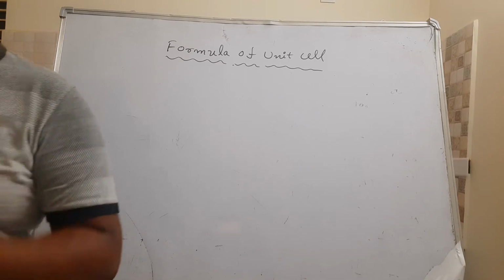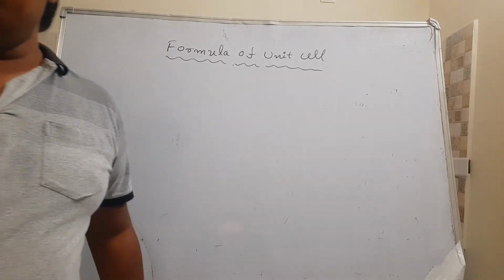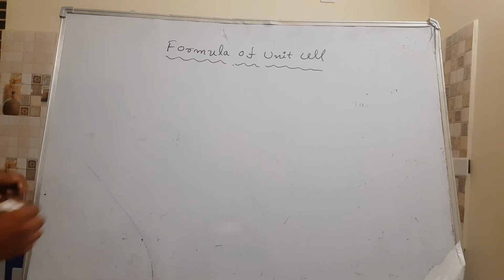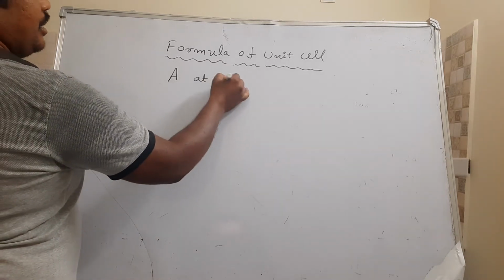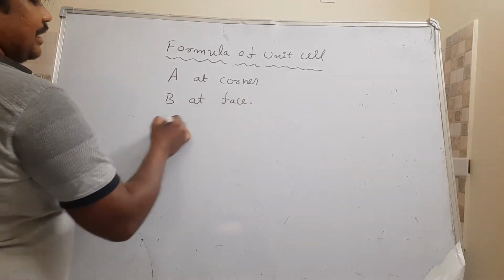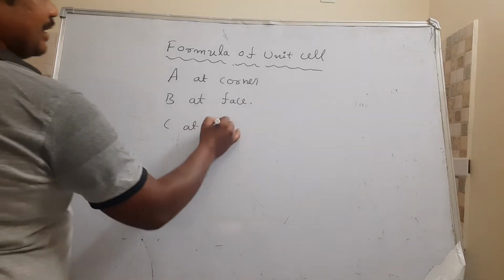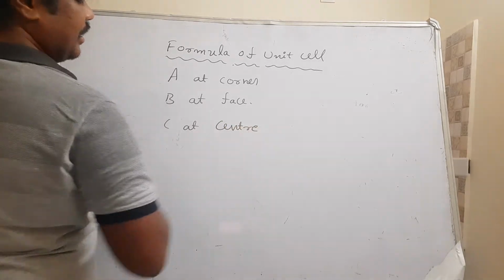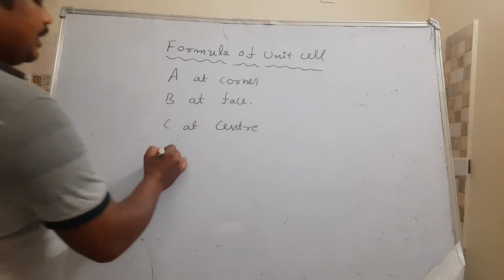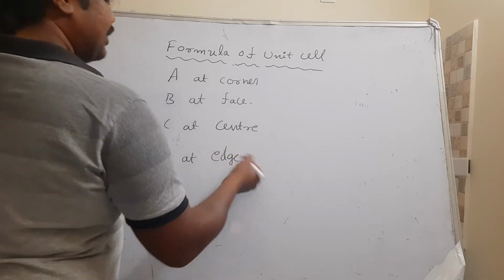A little bit tricky now. In the above case, in the first example, take down: A at corner, B at face, C at center, and D at edge, each and every edge.